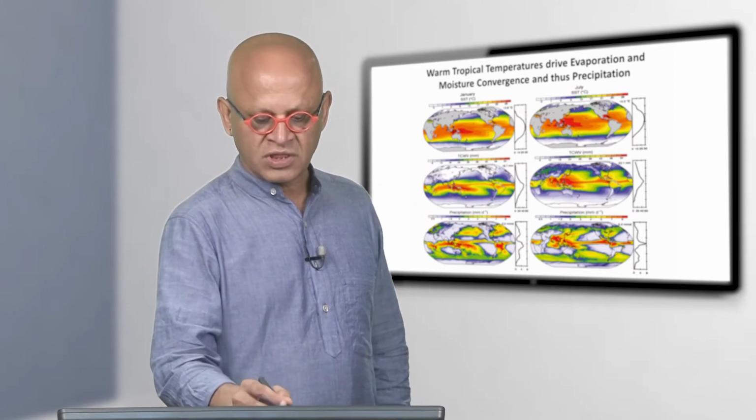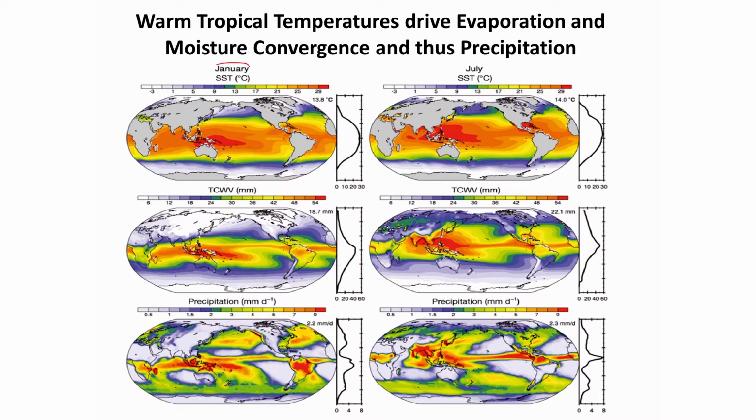So let's start with the seasonal cycles of sea surface temperatures. These are total column water vapor in millimeters, so that is measured as height of the column if you compress all the moisture, how much it is, and precipitation itself.